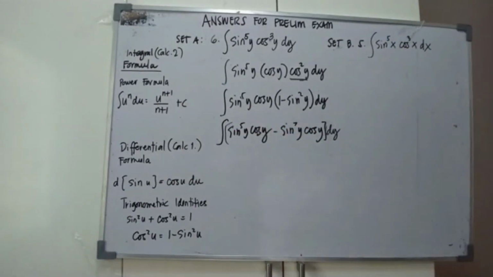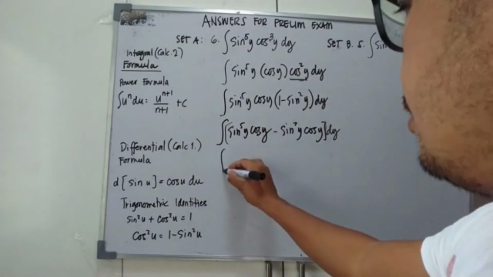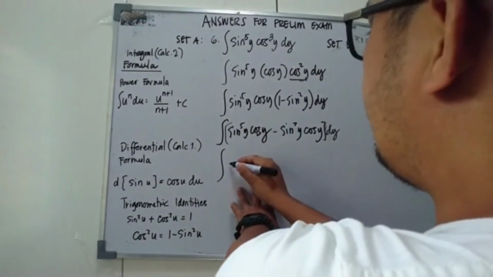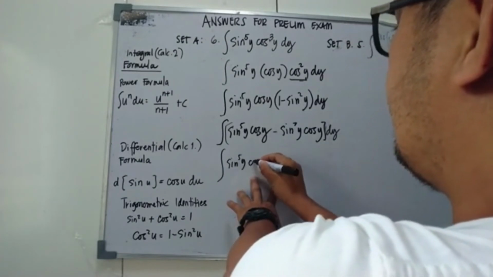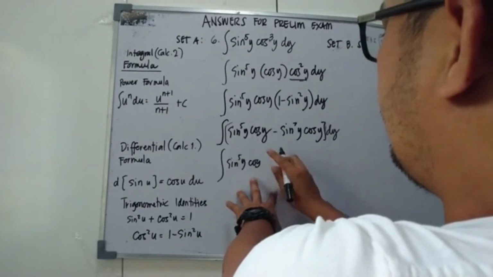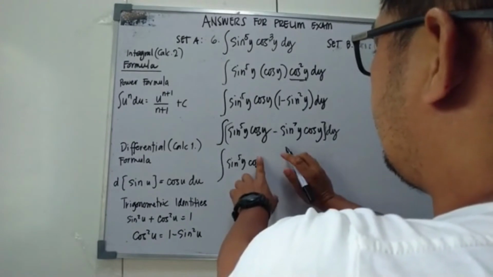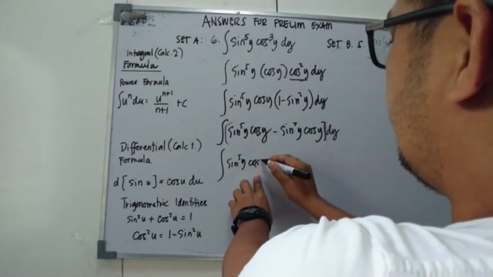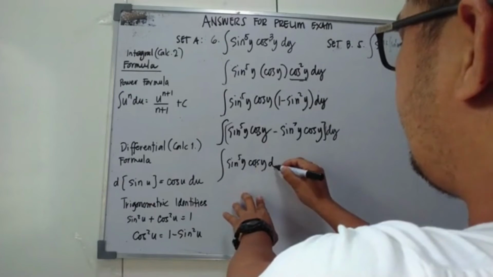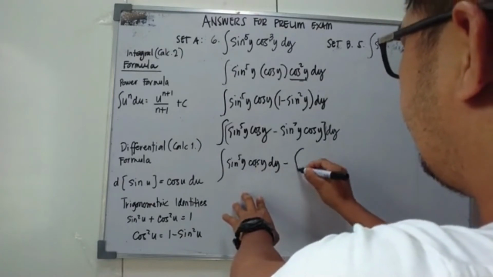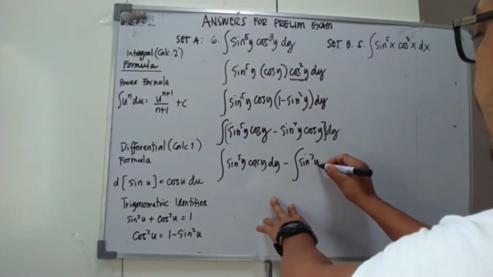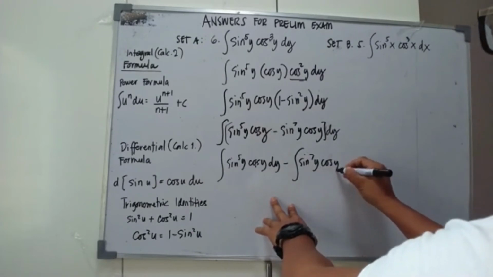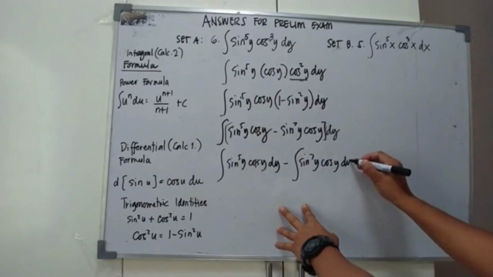Then distribute the dy and separate. So, this is equal to the integral of sine raised to 5y cosine of y dy, minus the integral of sine raised to 7y cosine of y dy.